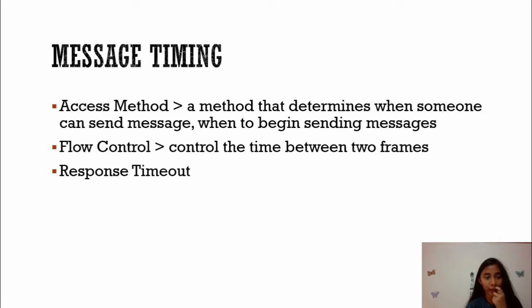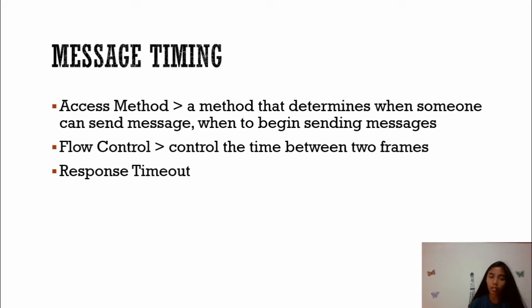So next one, we have the flow control. It controls the timing of the frames. Timing also affects how much information can be sent and the speed at which it can be delivered.